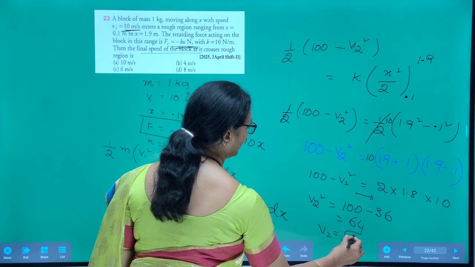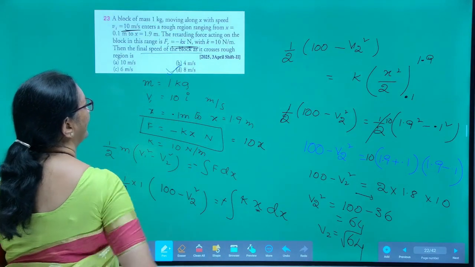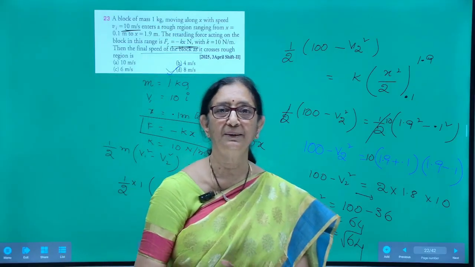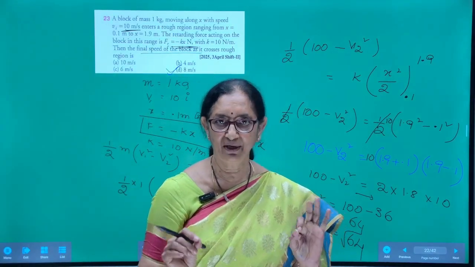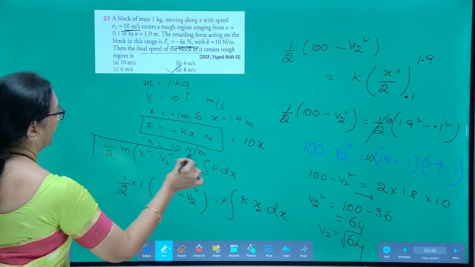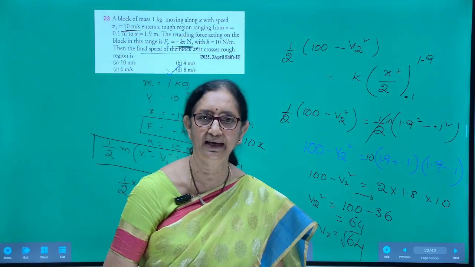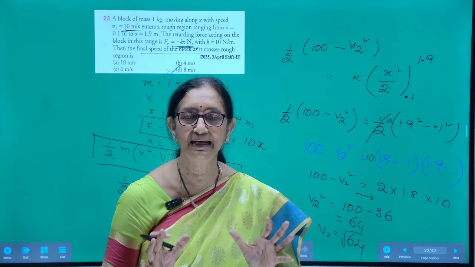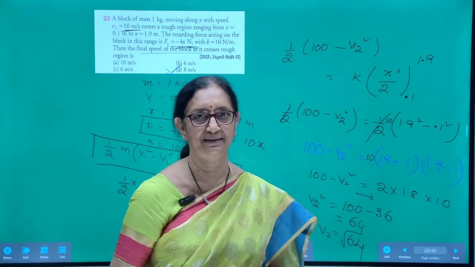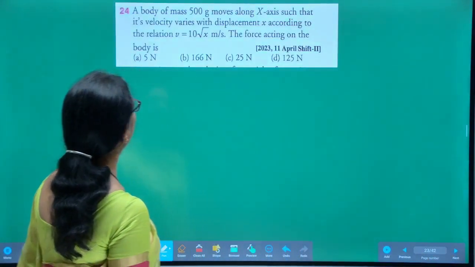V2 is equal to root 64. Root 64 is 8 meter per second. So here the main thing is lost kinetic energy is work done against the applied force. That's it. Okay. Now let us move on to the next problem.